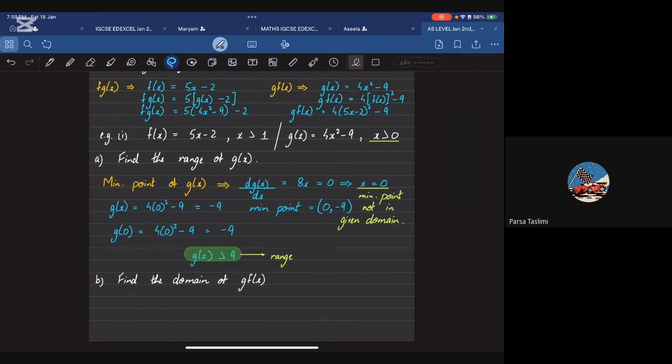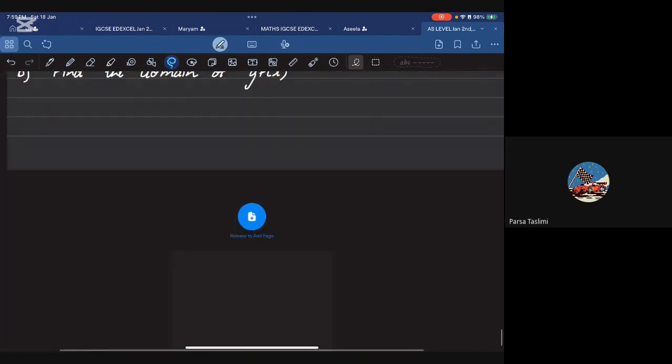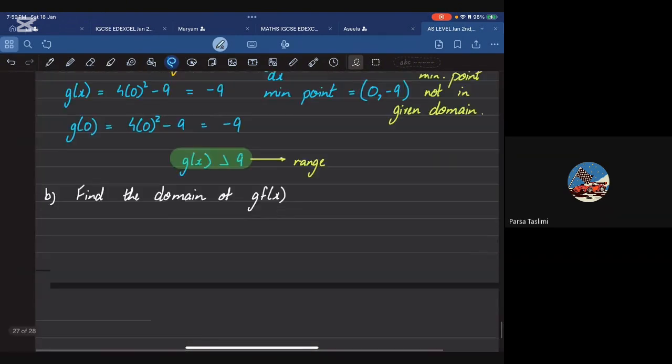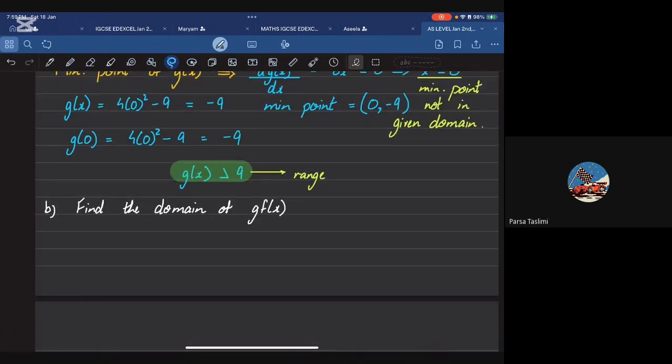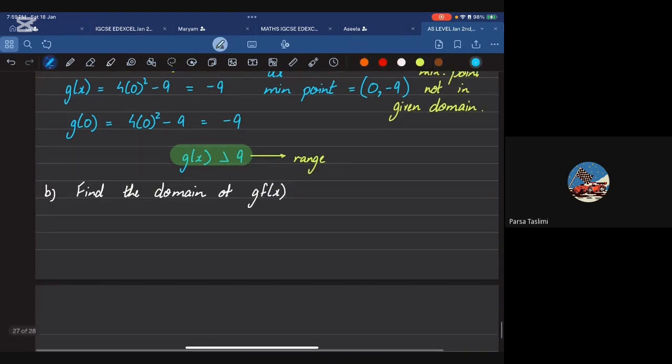All right. Now, if I want to find the domain of g of f of x, how will I do that? It is extremely simple. What is the domain of f of x?